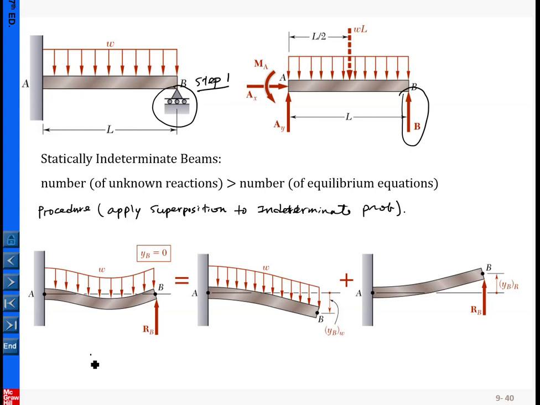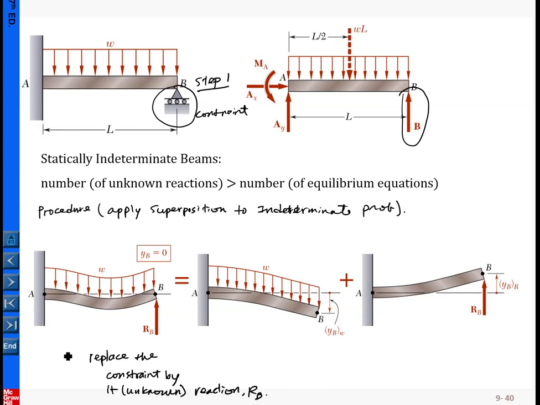Replacing the support means replacing the constraint. The support here is a constraint preventing the vertical displacement. Replace the constraint by its unknown reaction, and here it is RB. So that's step 1.